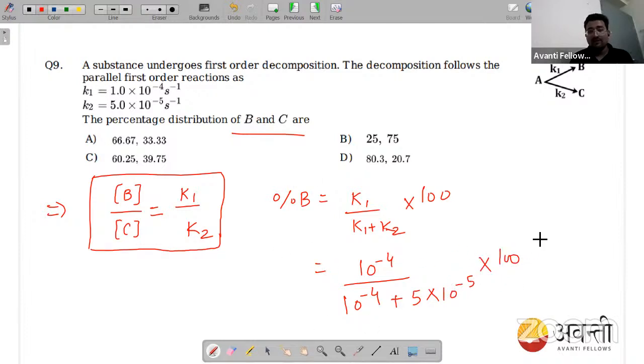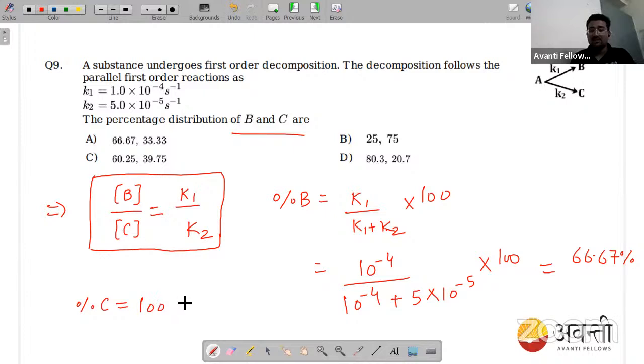Upon solving this calculation, for the percentage composition of B we will get 66.67%.